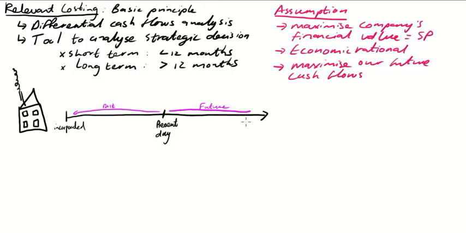And those future cash flows, if discounted back to the present, give us a certain share price. Now, let's say that the total cash flows that this company is going to make in the future is equal to X rands. And these cash flows happen as a result of decisions that were made in the past. And if we discount these cash flows back to the present day, we get a share price of Rand X.